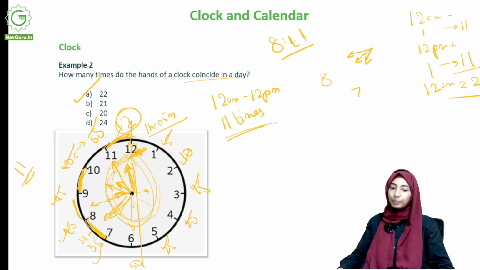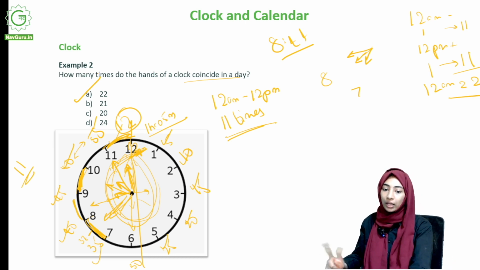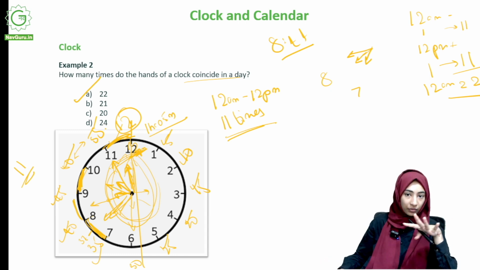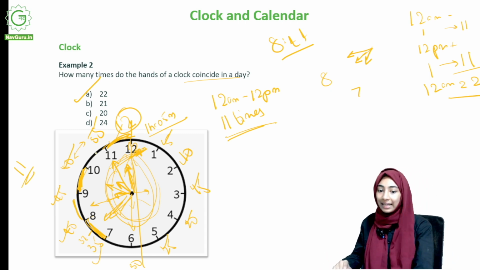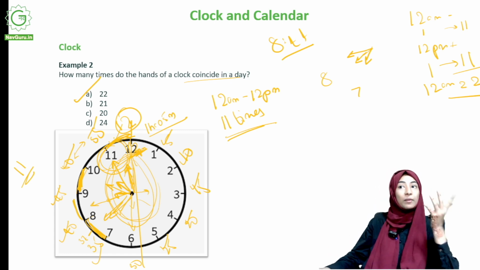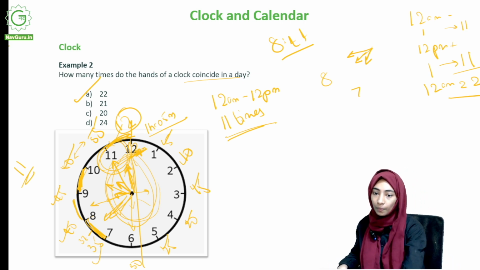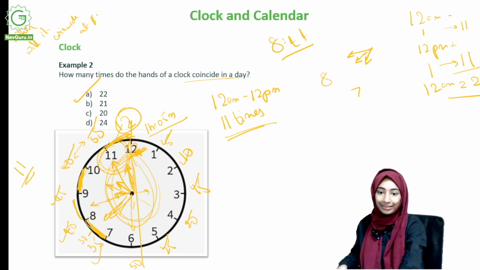A lot of people think 24 is the answer because they think it coincides once every hour, and there are 24 hours in a day. No, but there is a catch, and the catch is at 11 p.m. Just think about when it will coincide at 11, and then you will get your answer.